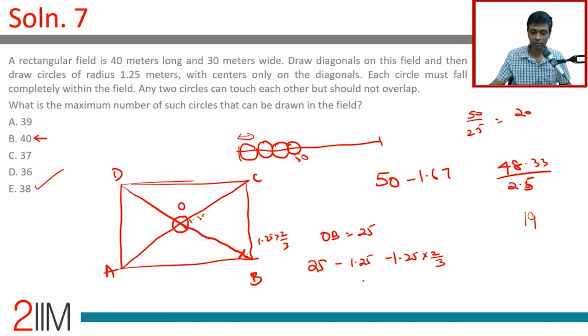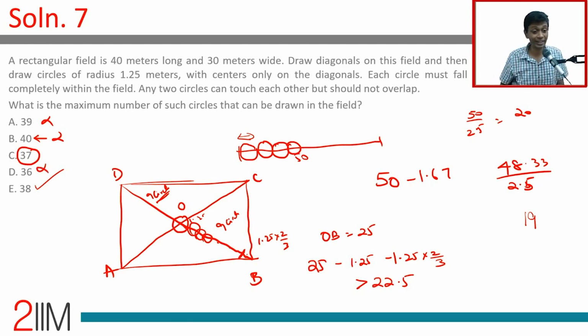So we will still get more than 22.5. 1.25 plus 1.25 is 2.5. 25 minus 2.5 is 22.5. We still get more than 22.5. Here we can squeeze 9 circles, and here we can squeeze 9 circles. 9 plus 9, 18. 18 plus 19, 37 is possible. 40 is not possible. 39 is not possible. 36 we don't have to worry about.